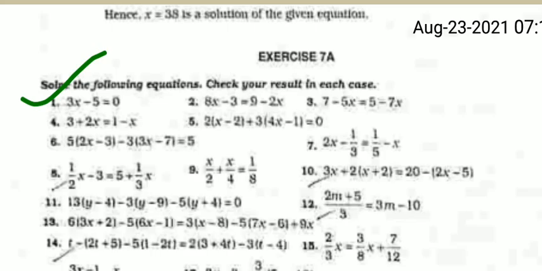The first question tells that 3x minus 5 is equal to 0. Now how do we solve this equation? Let's see. Look at question number 1: 3x minus 5 equal to 0.